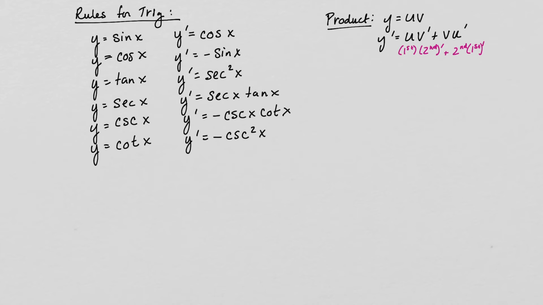And if you didn't have me for Calc 1, you might have learned the order flip-flopped: second times the derivative of the first plus first times the derivative of the second. It's one of those things. I learned the product rule back in 1996.